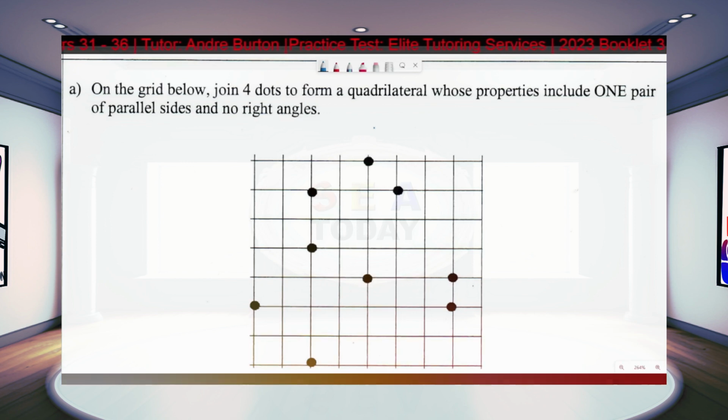With the hint or the information of 1 pair, and you see they put the 1 in capital letters, that narrows it down to only 1 option, right? Most of the quadrilaterals has 2 pairs of parallel sides. So when we're talking about only 1 pair, we're down to the trapezium.